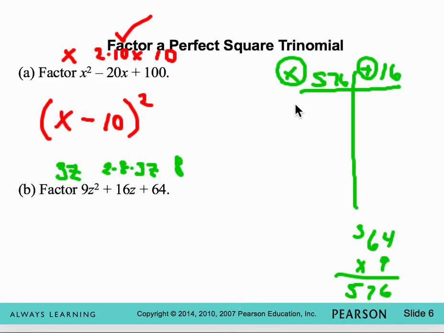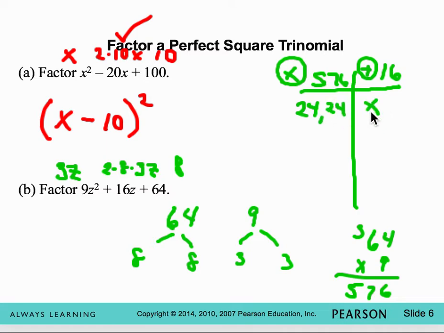Let's change this to 64 times 9 and look at some of our factors. So this is 8 times 8 and 3 times 3. So one thing, we have 24 and 24, but that's not 16.